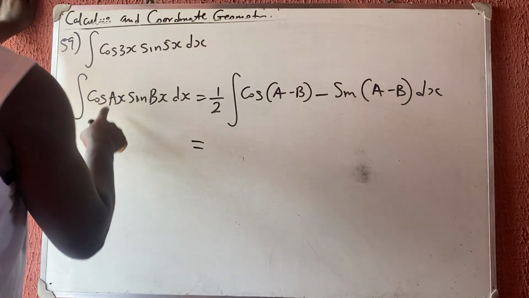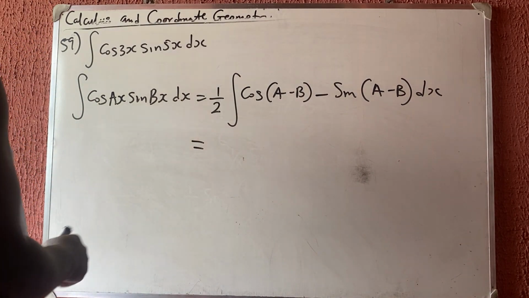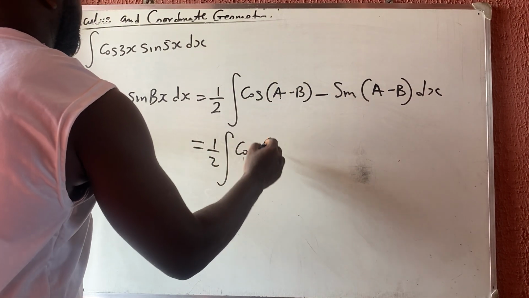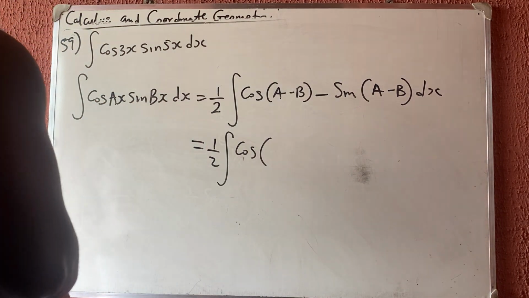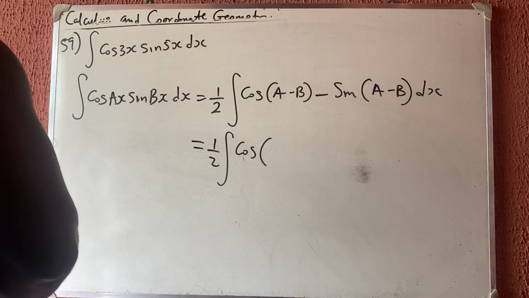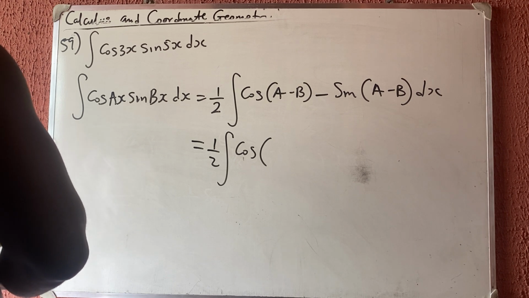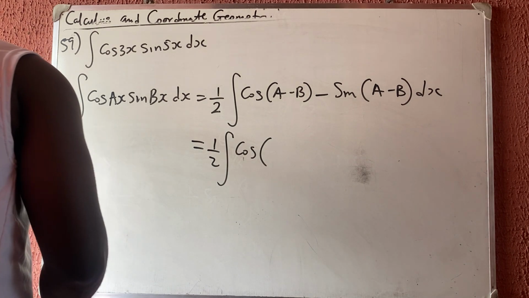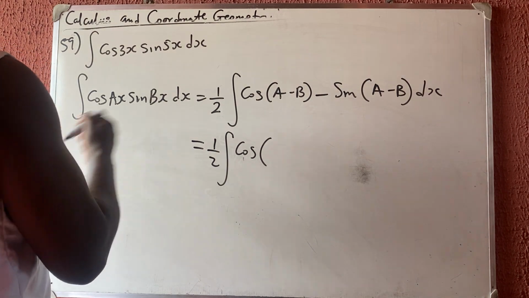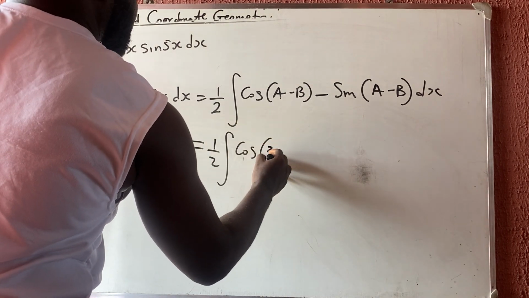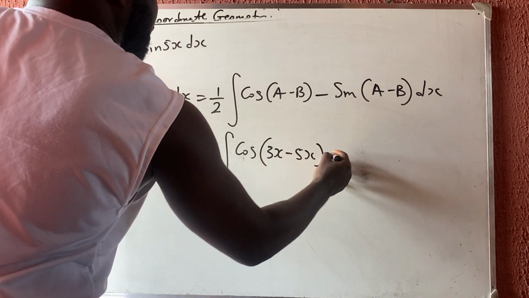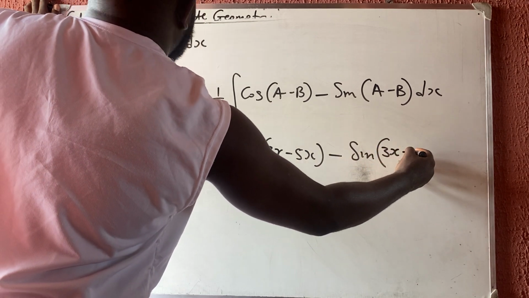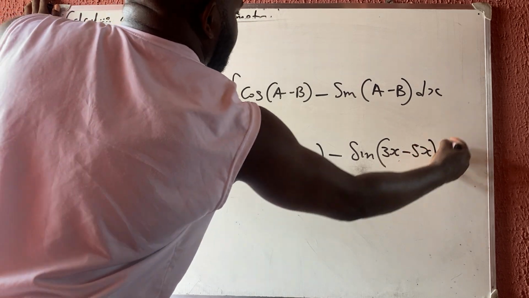So comparing this, my ax and bx are 3x and 5x. So this is 1 over 2 the integral of cos 3x minus 5x, minus sine 3x minus 5x, dx.